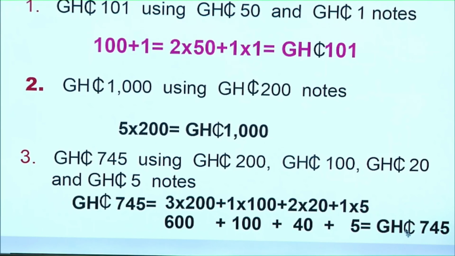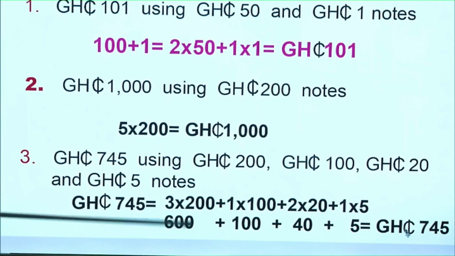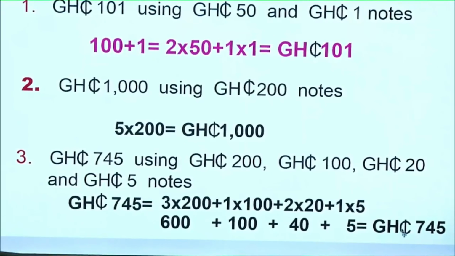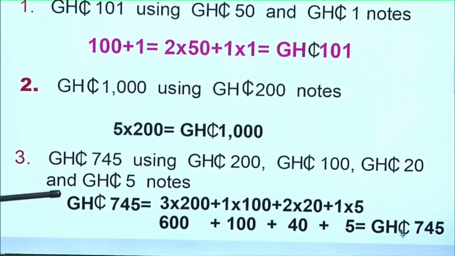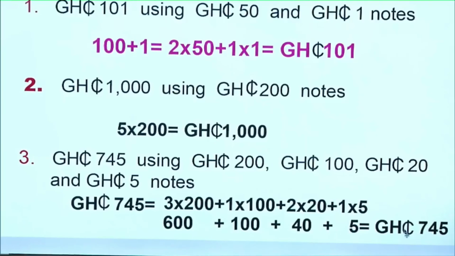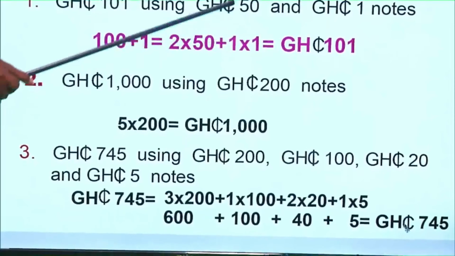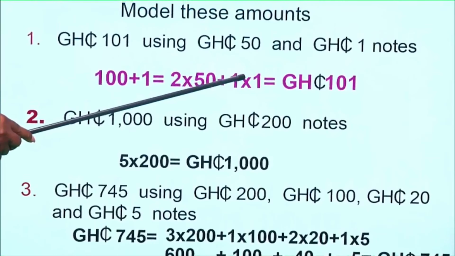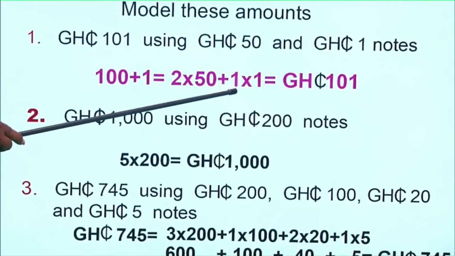Yes, so this is how I have done mine. We are modeling amount using token currency. We did the first one. We did expansion. 101, we used 2 of the 50 cedis notes plus 1 of the 1 cedi notes.